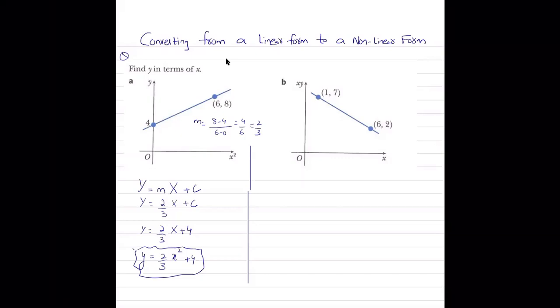The gradient comes out to be minus 5 upon 4 capital X plus c. For the value of c, now I cannot read the y-intercept, so I will have to use the knowledge of the y-intercept. If I want to find the point on the y-axis, I have to take x as 0.